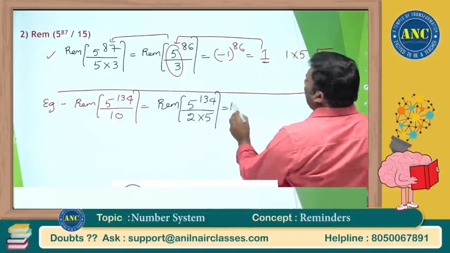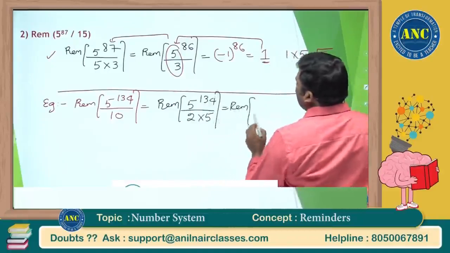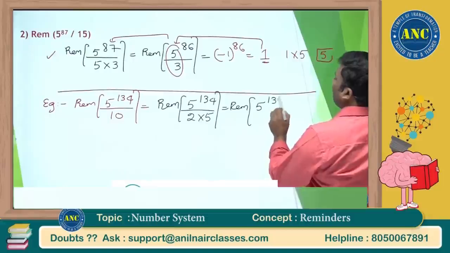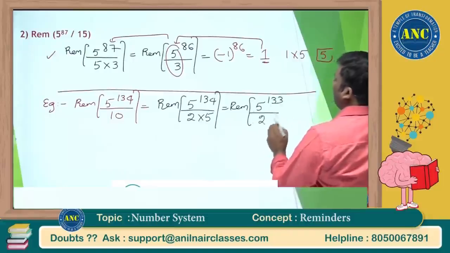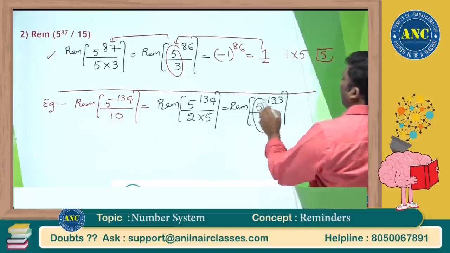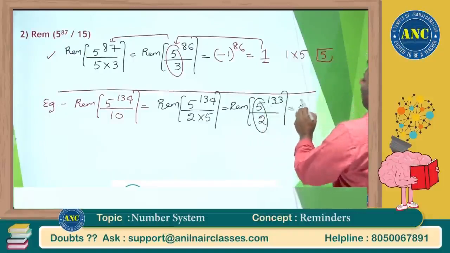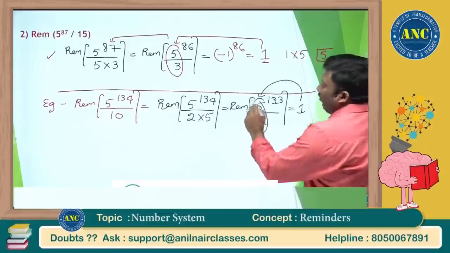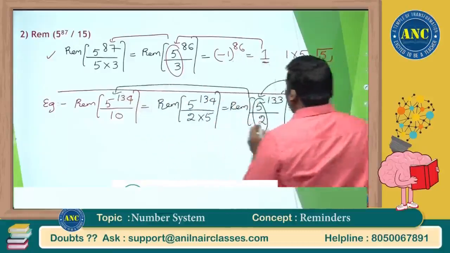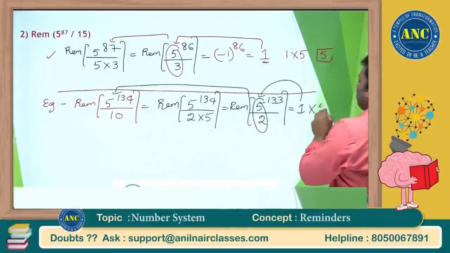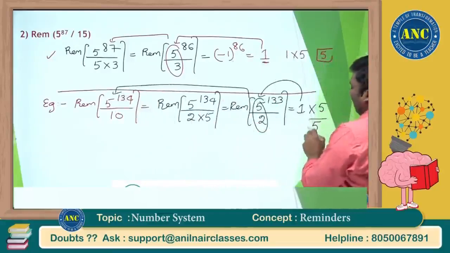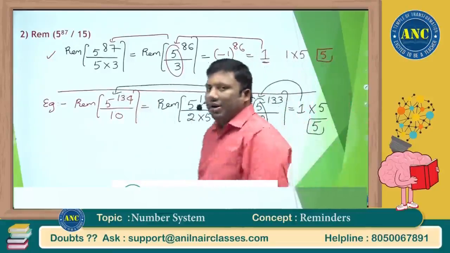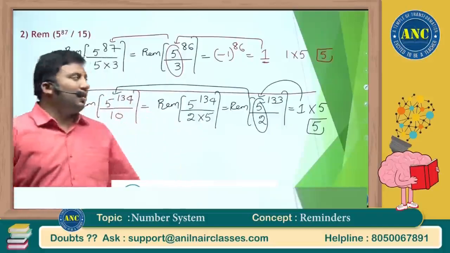Make the numbers co-prime to each other. So these are nothing but 5 power 133 divided by 2. 2 2s are 4, it is nothing but 1. 1 is the answer for 5 power 133, but I want the answer for 5 power 134. So 1 into 5, the answer is nothing but 5.